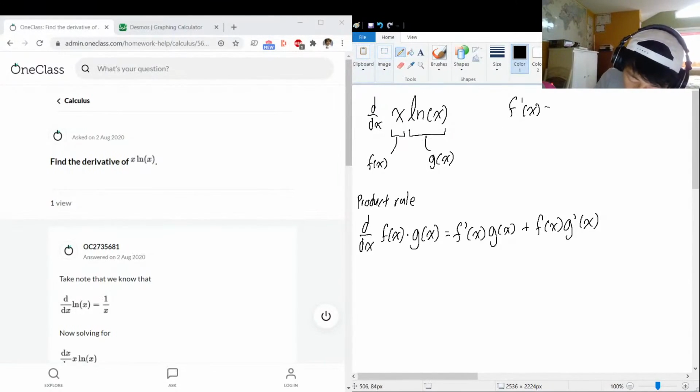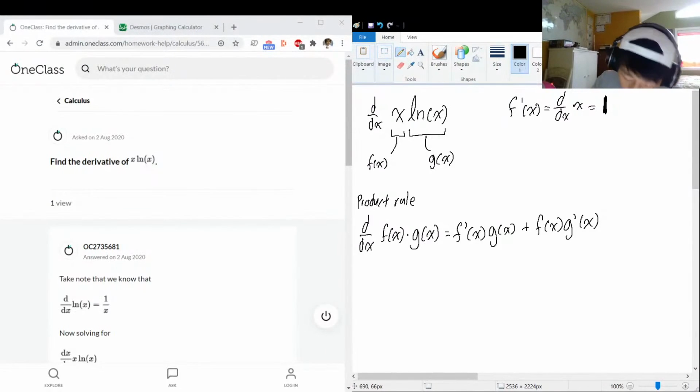F prime of x is the derivative d over dx of simply x itself, and that is a nice easy 1. Because x is just a diagonal line along 45 degrees, the tangent of that has a slope of 1 always. It's just a straight line. Nice.